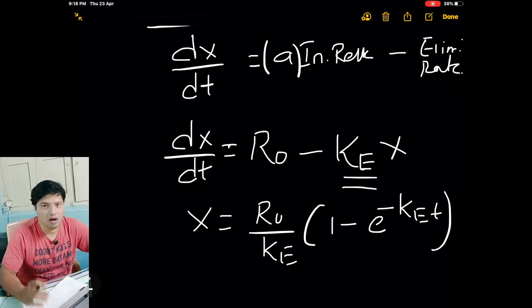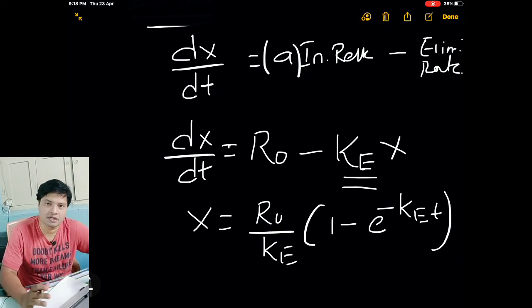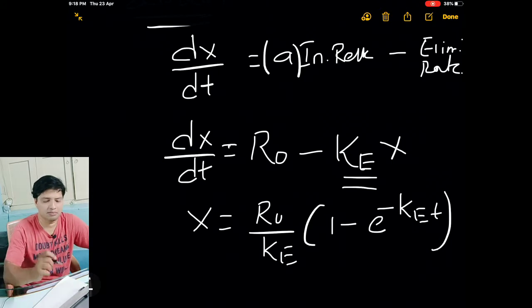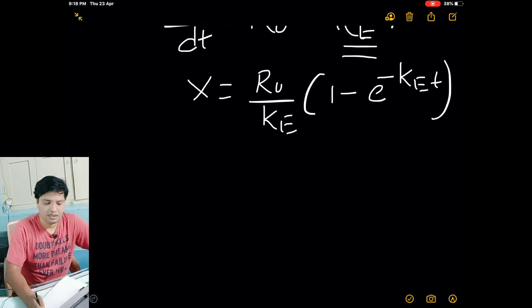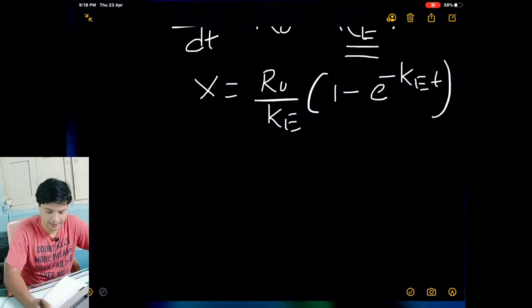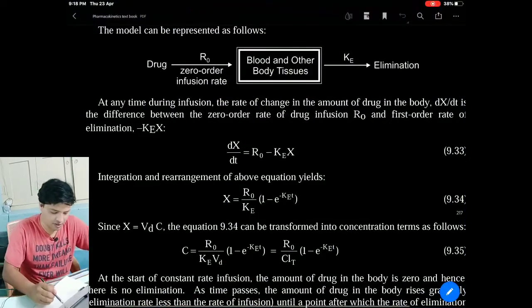If you ask me, sir, how it comes, you should learn the integration part. That is the reason why pharmacokinetics is very difficult. You should know this integration part. So R naught divided by KE into 1 minus e to the power of minus KE t, that's how you get this equation.